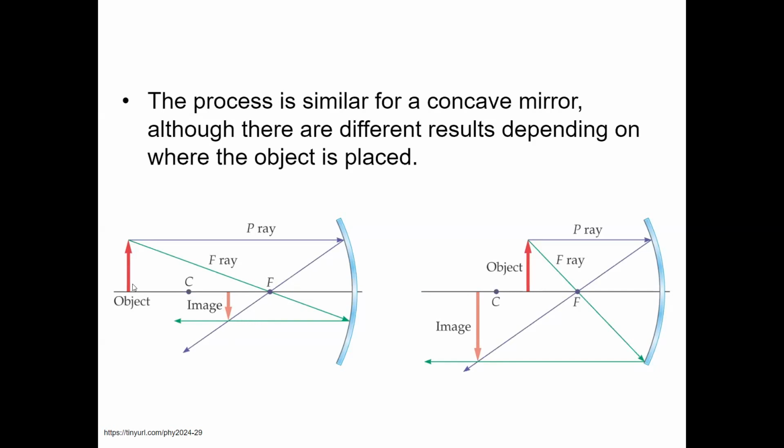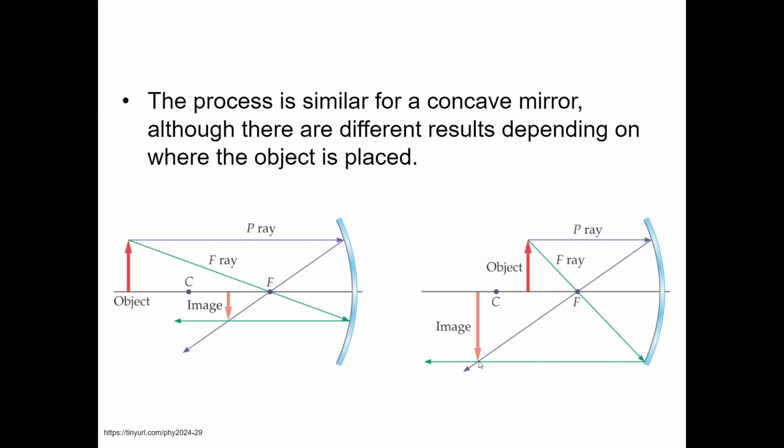Now if you move the object closer to the mirror, in between the center of curvature and the focal point, as shown here on the right, again use 2 principal rays. When the parallel ray hits the mirror, it will reflect through the focal point. When the focal ray goes through the focal point and hits the mirror, it will reflect parallel to the principal axis.